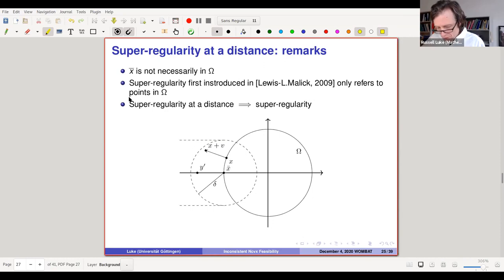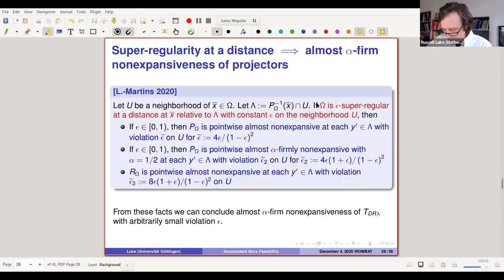And as I mentioned, super regularity at a distance is stronger than super regularity. And from this regularity notion of the set, we get the regularity of the projector and the regularity of the reflectors, and it's all in terms of these violations and how the violations then get passed on to our error estimates.